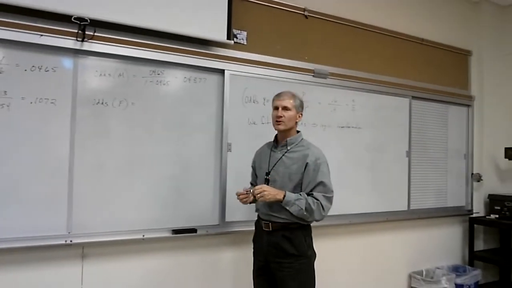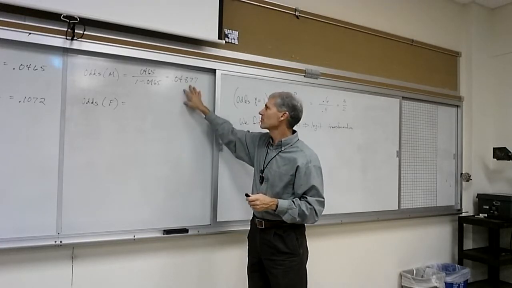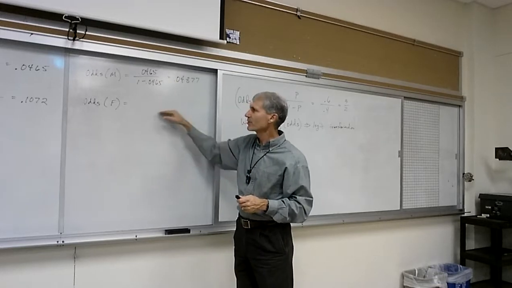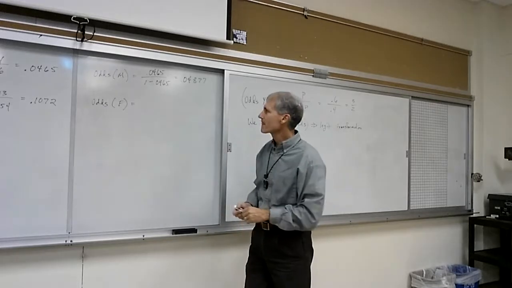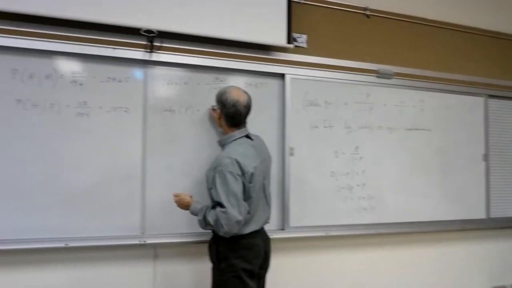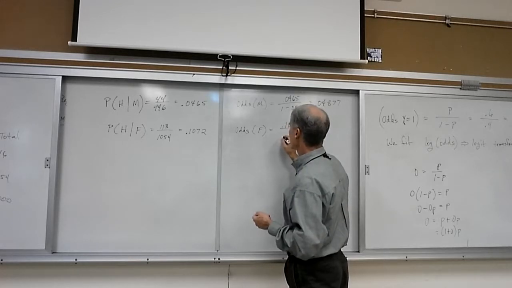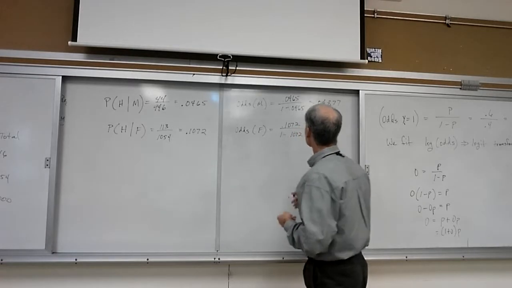When probability is close to 0, the odds and the probability are very similar, so this number should be almost the same as that number. When you get further away from 0, then the odds take off. So what is it for females? 0.1072 over 1 minus 0.1072.